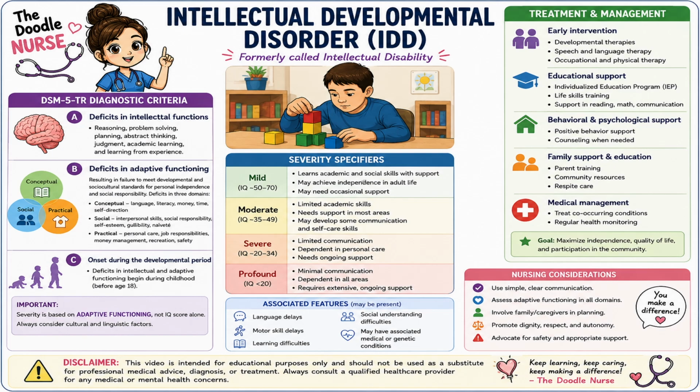Speech and language therapy can improve communication skills and social interaction. Occupational therapy helps individuals develop daily living skills such as dressing, feeding, grooming, handwriting, and sensory integration. Physical therapy may be necessary for children with motor delays or mobility challenges.